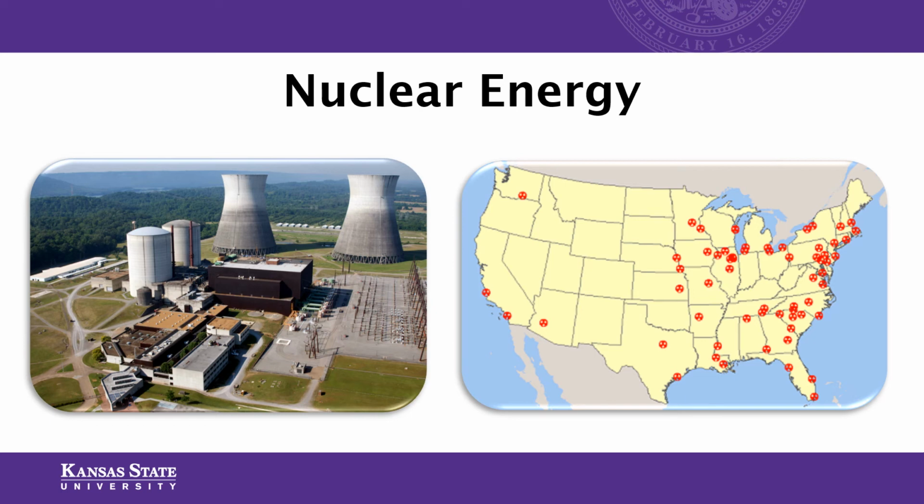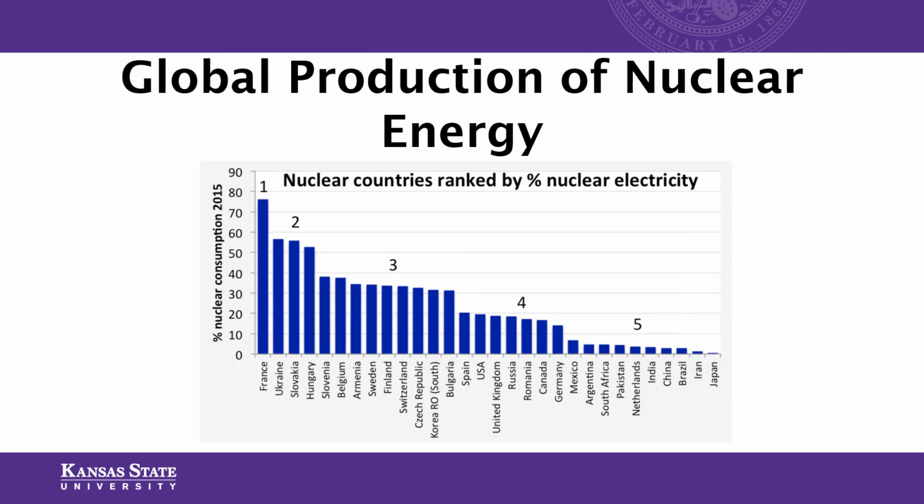And then here I just have a map to show you where there are currently nuclear power plants in the United States. You can see we have one in southeastern Kansas and a few in southeastern Nebraska as well. There are over 440 nuclear power reactors throughout the world, and about 60 or more are being built right now.